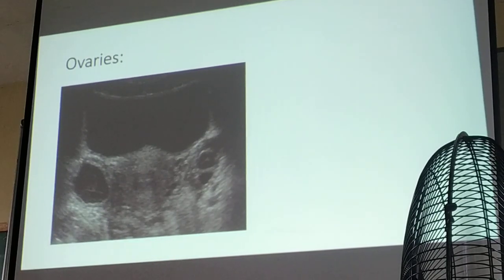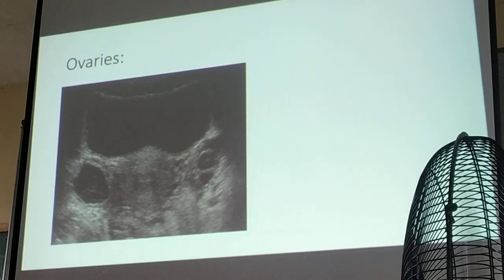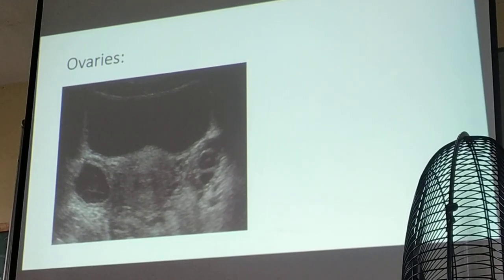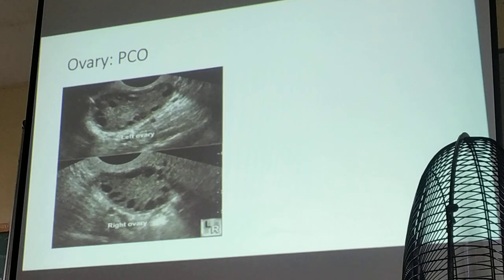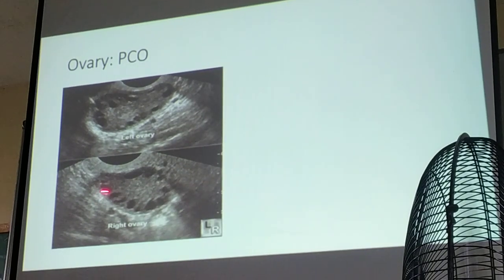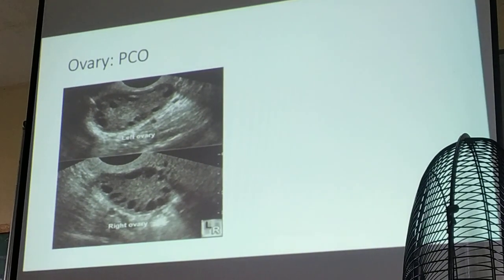Okay? The ovaries. Definitely, I'm going to ask you the PCO, polycystic. Your clue there is that the follicles are seen at the periphery. There you are. What sign is that?